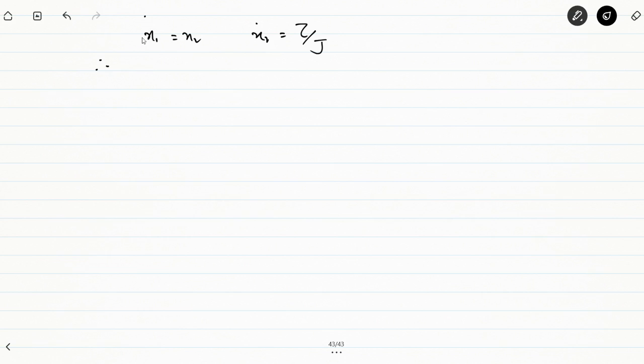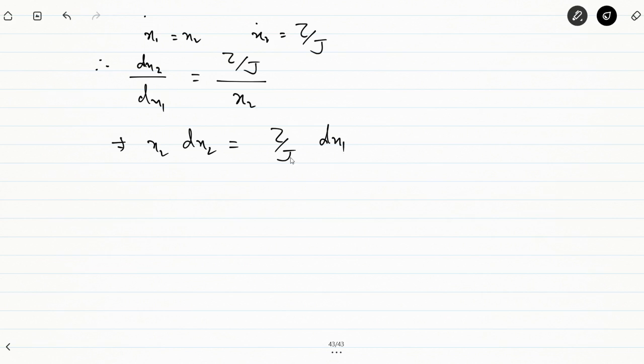Therefore dx1 by dt is x2, dx2 by dt is tau by j, dx2 divided by dx1 will be equal to tau divided by j divided by x2, right? Which implies x2 times dx2 is equal to tau by j times dx1.